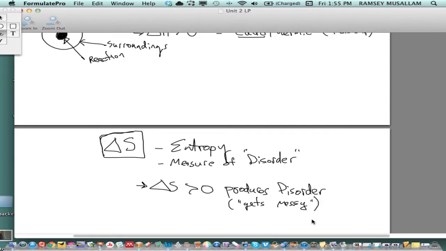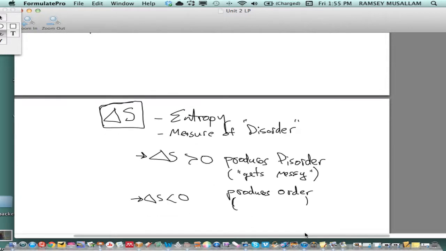That's one way of thinking about it. Now, if delta S is less than 0, the reaction produces order, and instead of saying gets messy, what can I say here? It gets clean.